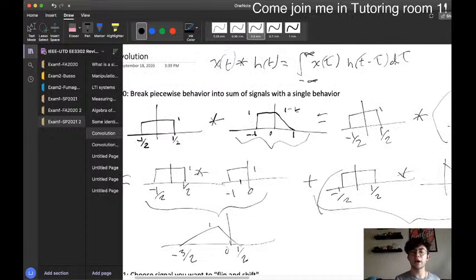This is our definition of convolution. And notice that if we look at the h of t signal, we're flipping it, since the variable we're integrating over is tau, where this is a flipped signal that is shifted over by the amount t.